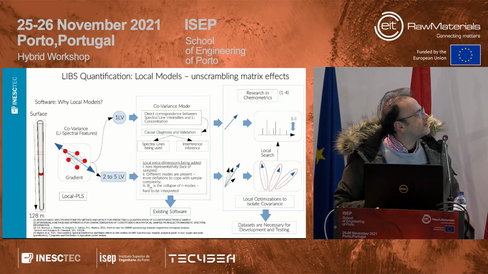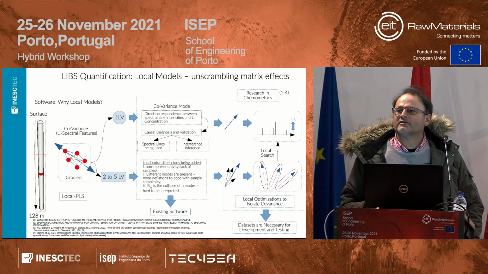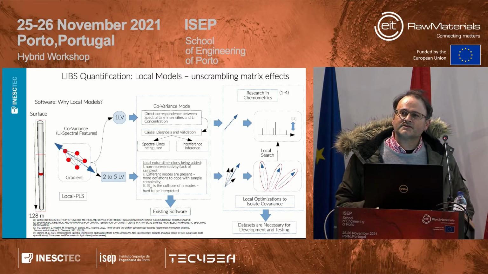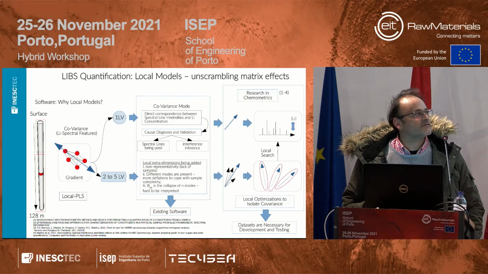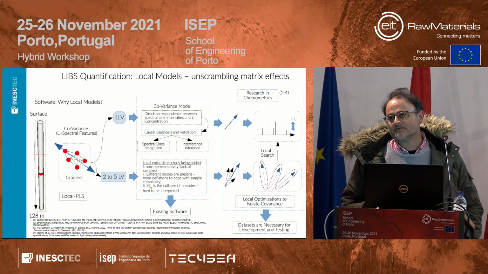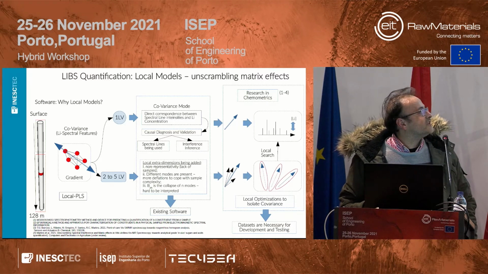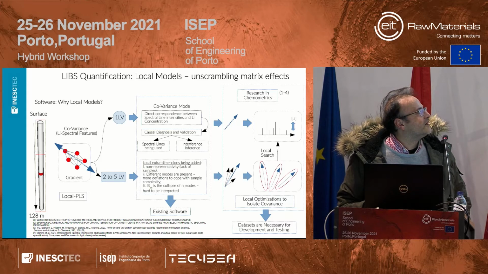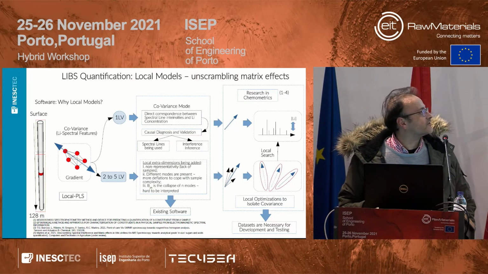So the lines should be there and should be non-negative. And if the coefficients are negative, you should also understand why they are negative. Is there some kind of interference that makes them negative? So it's crucial to make this causal interpretation to see if the models are correctly identifying the information content of the spectrum.